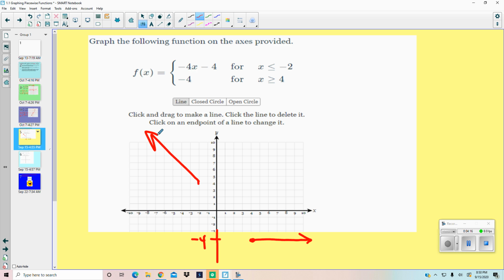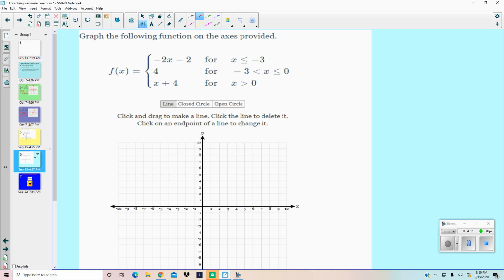They both have the values included, so they're both closed circles. Okay, so you'll be able to click and drag the line, and you'll be able to put in a closed circle or an open circle. It's going to take some practice. Let's look at another one.